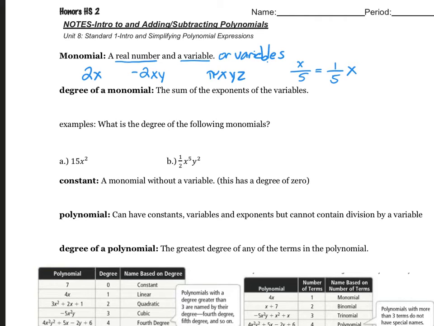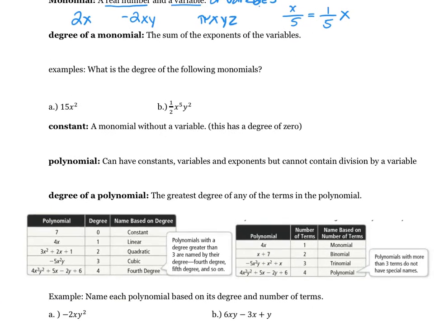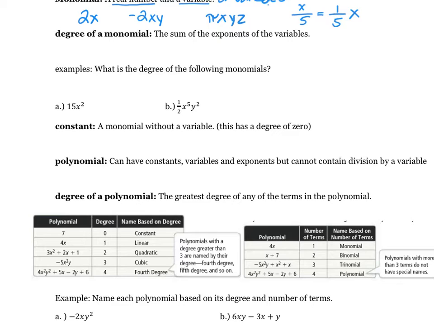Okay, so the degree of the monomial is the sum of the exponents of the variables. So we're going to find that right here. What would be the degree of a? Well, we're going to look at the variable and we're going to look for its degree. So since it's x to the power of 2, this has a degree of 2.